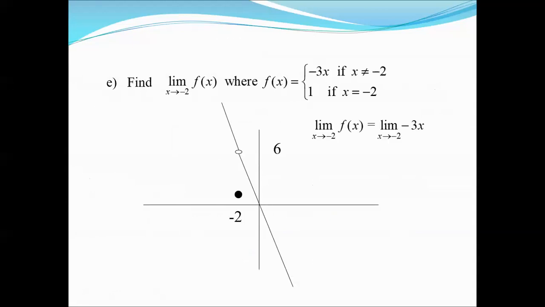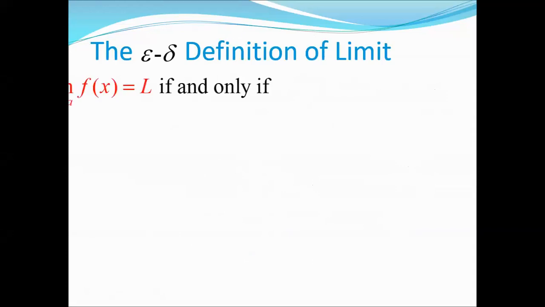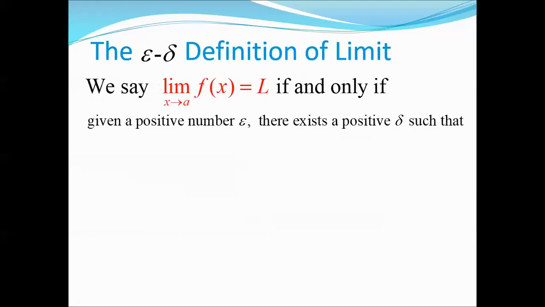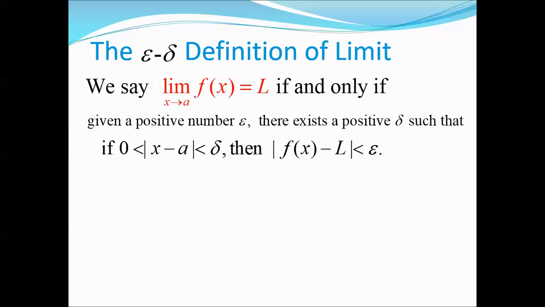In this example, the left hand limit and right hand limit are both distinct. Then we saw the epsilon delta definition of limit. That is, for any epsilon greater than 0, there exists a delta greater than 0 such that whenever x is lying between a minus delta and a plus delta, f(x) is lying between L minus epsilon and L plus epsilon.